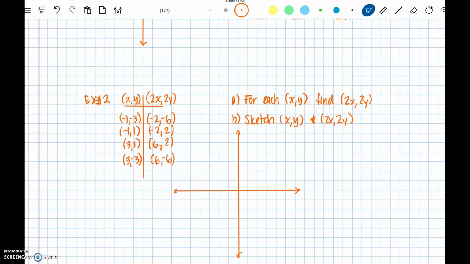Okay, so I'm going to plot the points in that left-hand column: (-1, -3), (-1, 1), (3, 1), (3, -3). I have this nice, neat little square with sides of length 4.